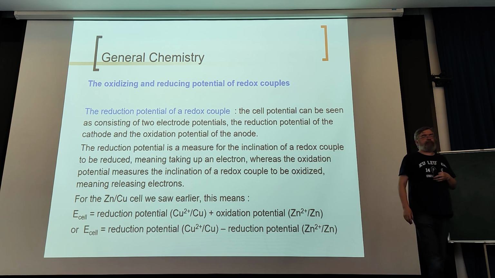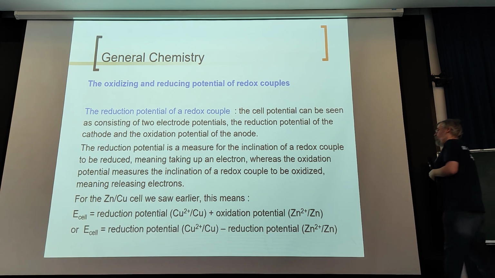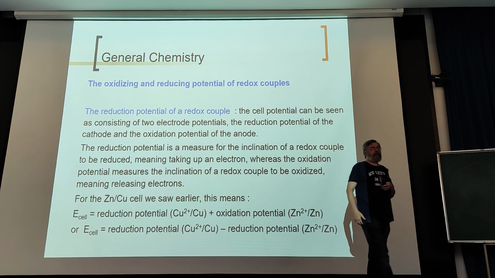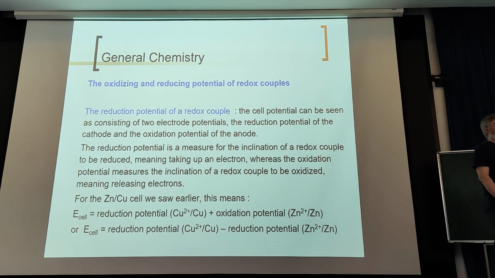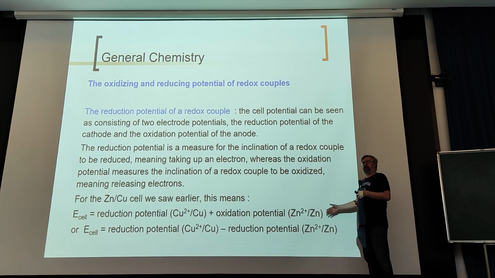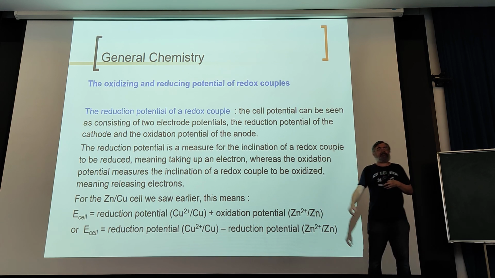But we know that the oxidation potential of zinc to zinc 2+ is the same as the reduction potential, but with a minus sign. That means to determine any cell, including the one between copper and zinc, we just need to know the reduction potentials and take the difference between these two reactions. We look from the viewpoint of zinc 2+ being reduced to zinc metal, which is not what is happening, it's the inverse that is happening. That's why we have the minus sign.